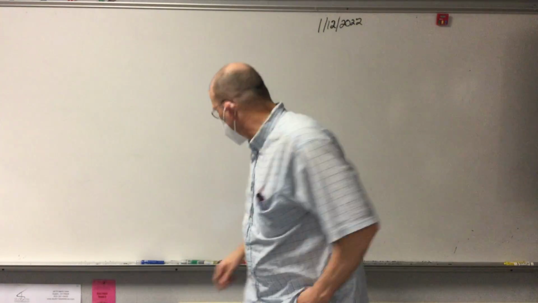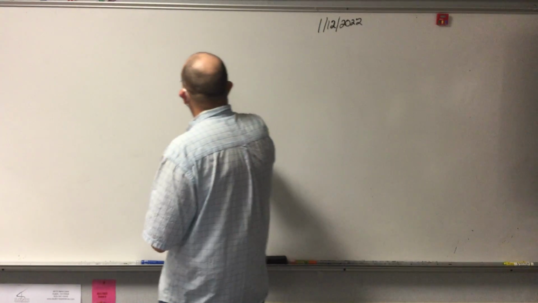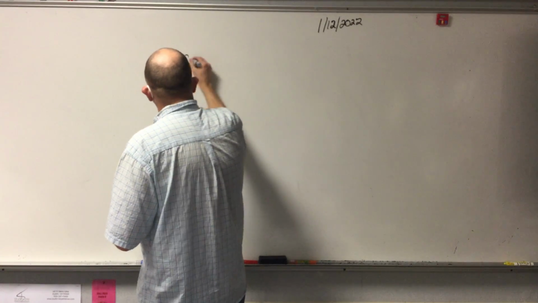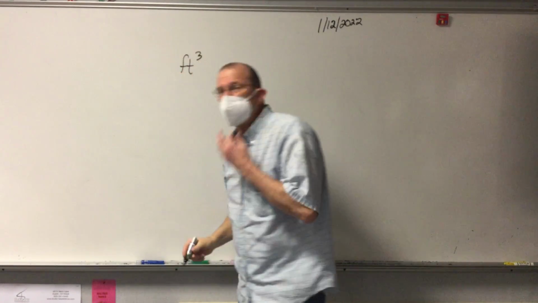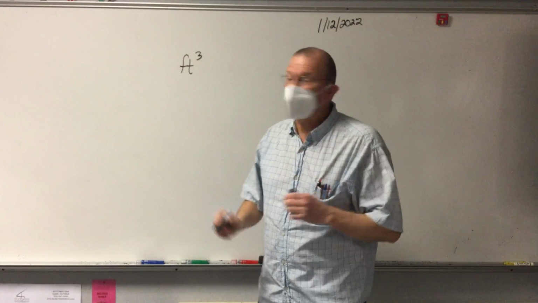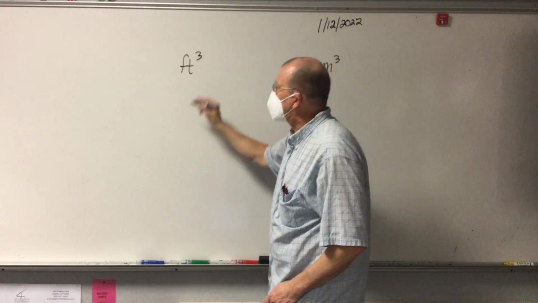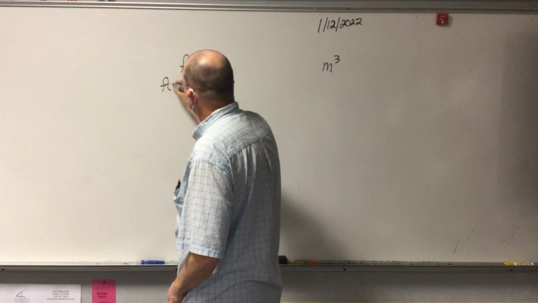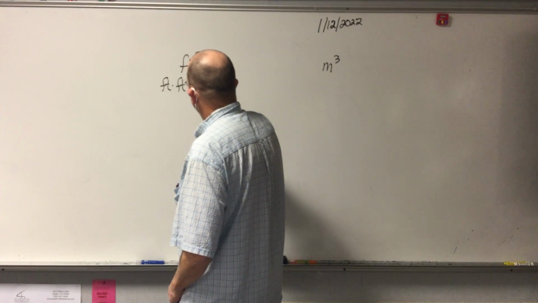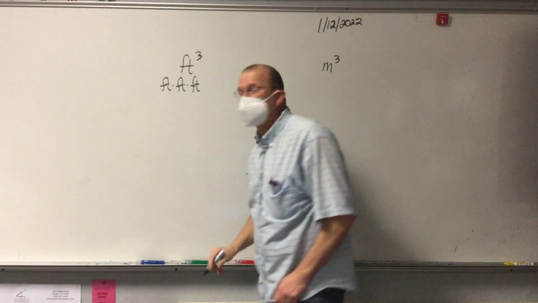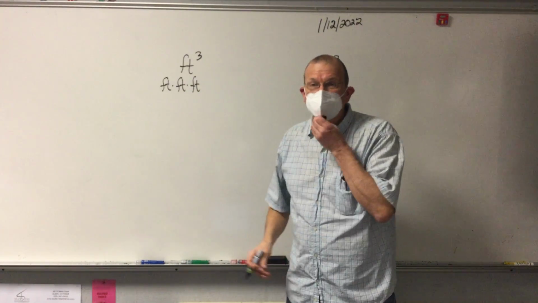Because remember that when, for example, a very common thing, if we were talking about feet cubed and we wanted to go to meters cubed, that cubed actually means that we have 3 units of feet being multiplied together.